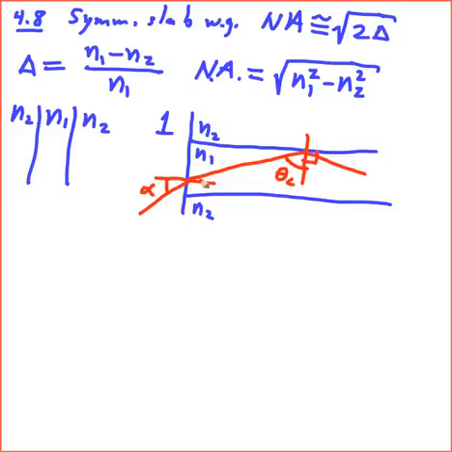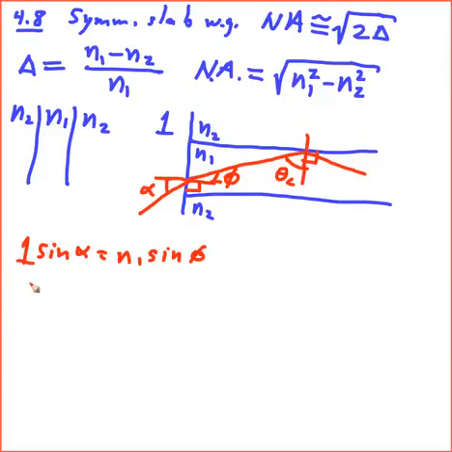Okay, so here's your normal to that interface. And let's call this one, for the moment, phi. So by Snell's law, 1 times the sine of alpha is equal to n1 times the sine of phi.